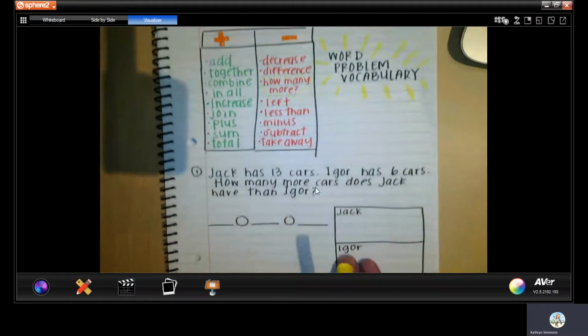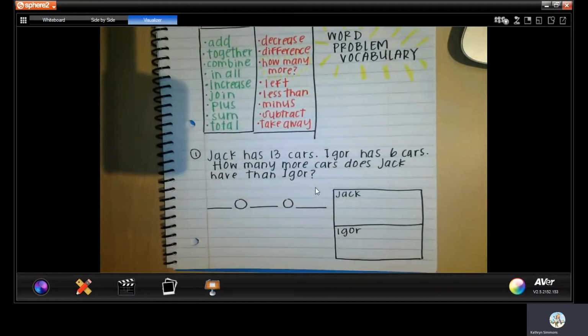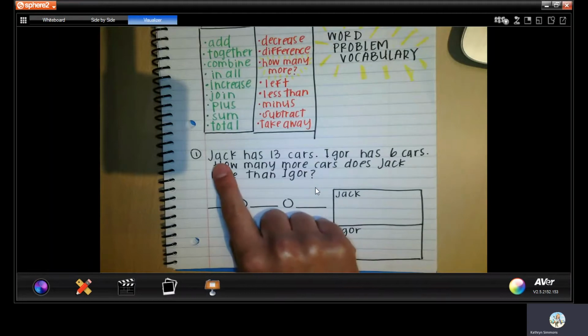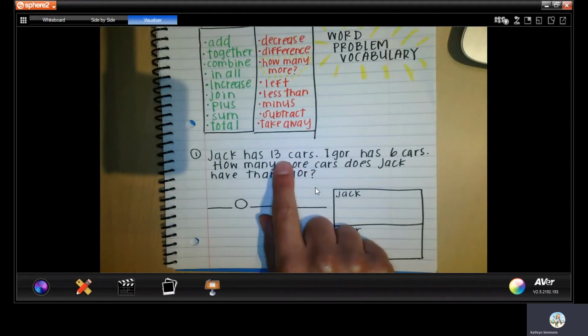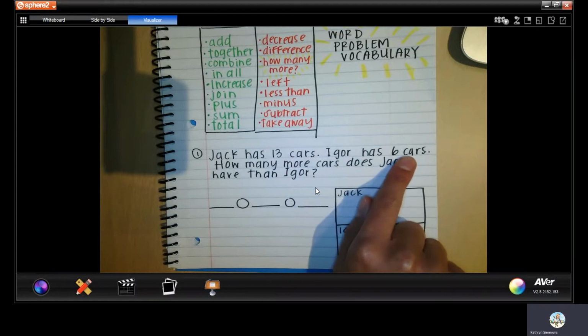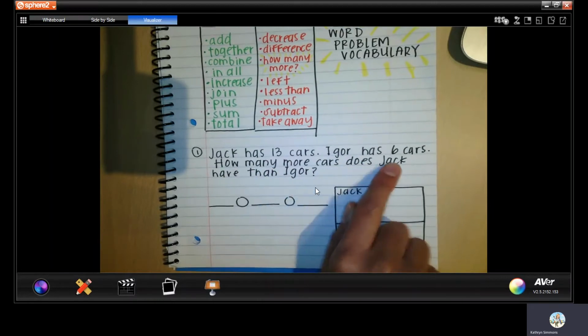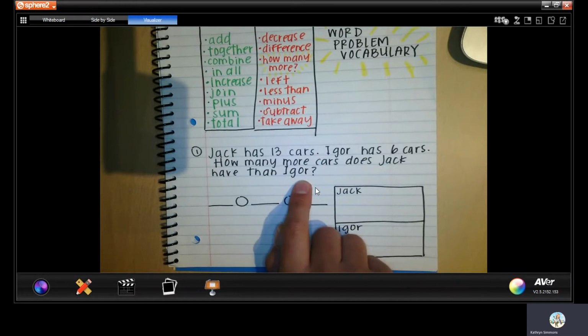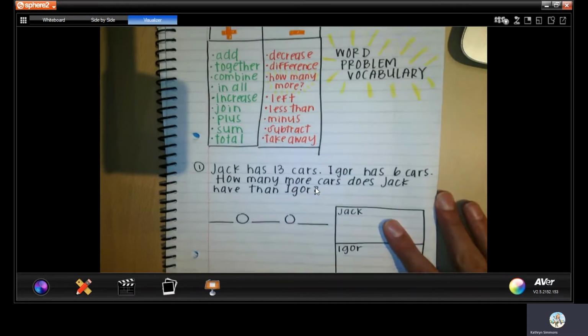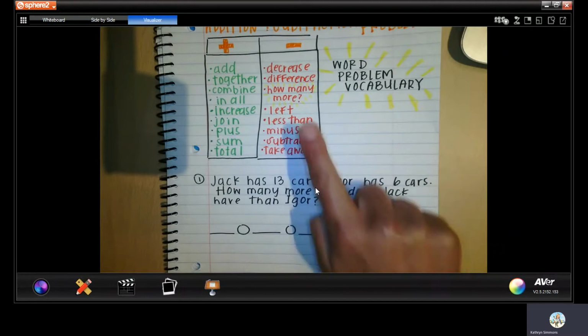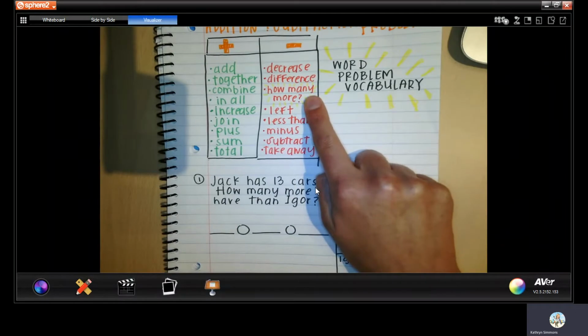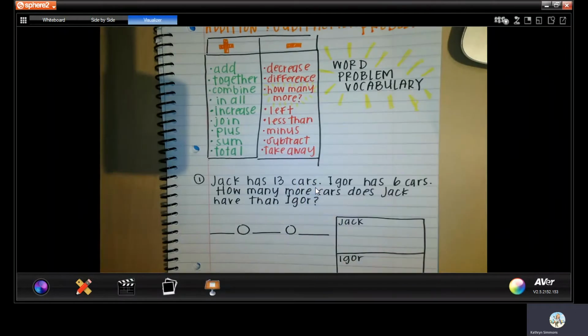We're just going to practice one, and then you are going to practice a bunch on your own. My first word problem: Jack has 13 cars. Igor has 6 cars. How many more cars does Jack have than Igor? Already I see one of my key phrases in my word problem, so I'm going to underline that key phrase.